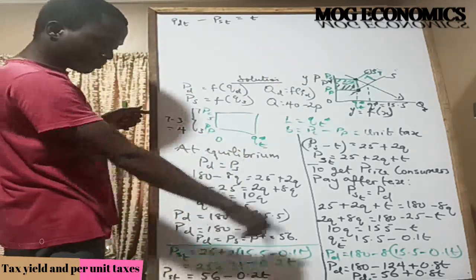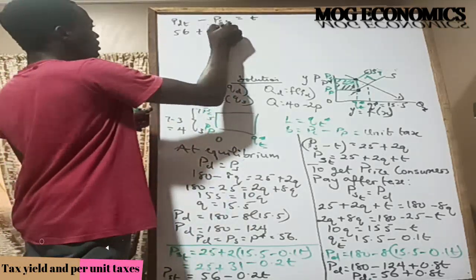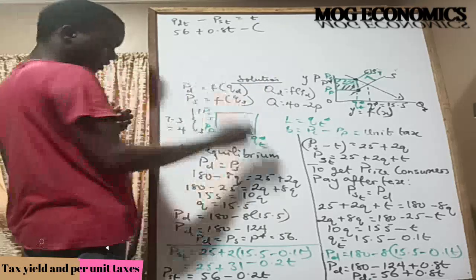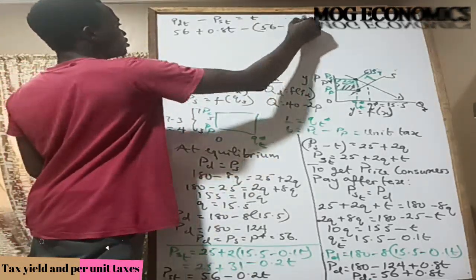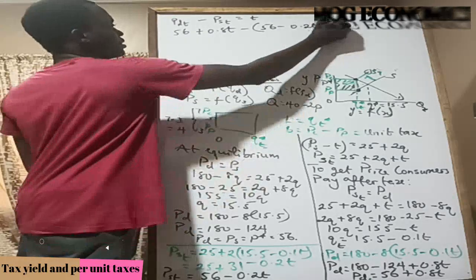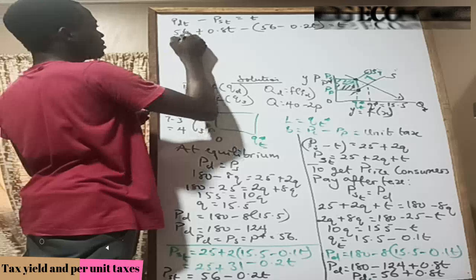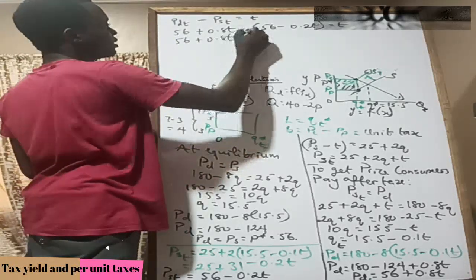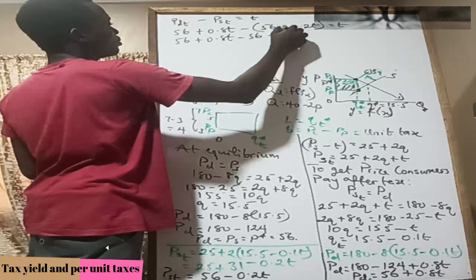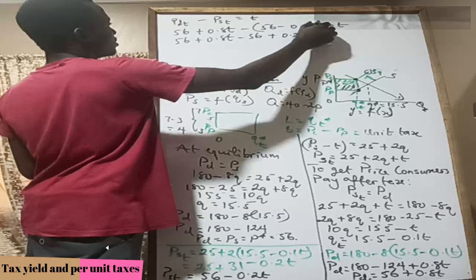PDT is 56 plus 0.8T, minus open bracket 56 minus 0.2T. So this is equal to the per unit tax that was imposed. So 56 plus 0.8T minus 56, then plus 0.2T is equal to the per unit tax.